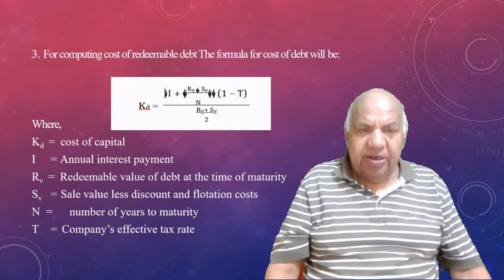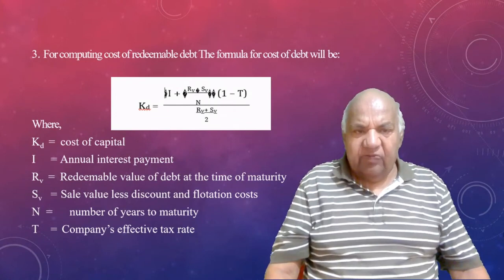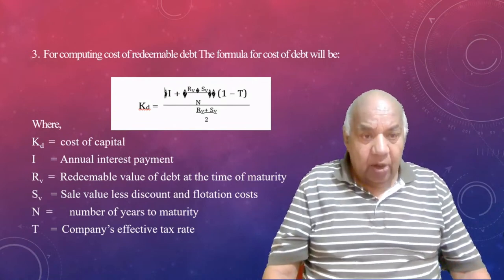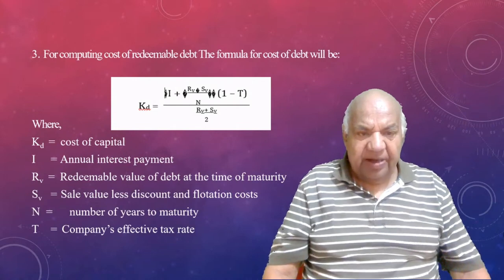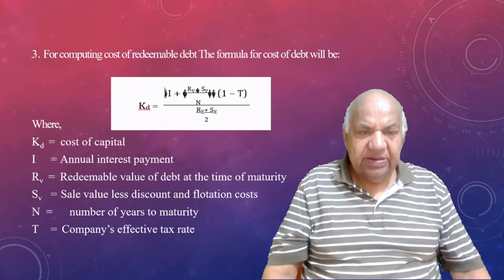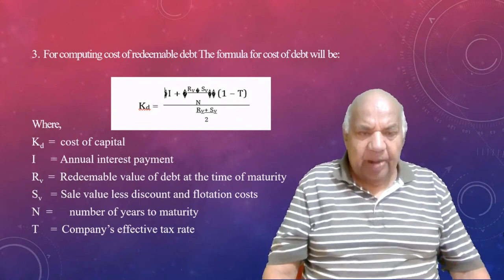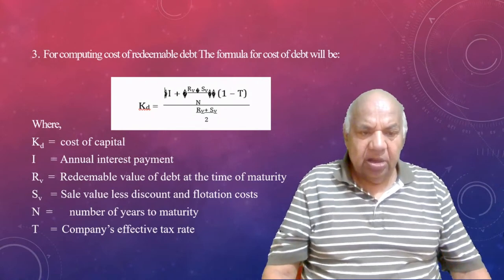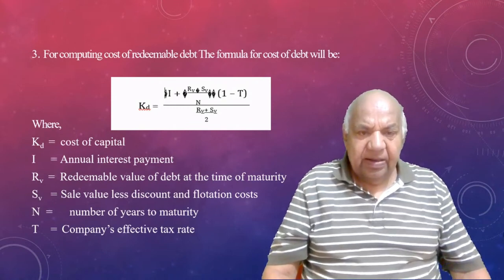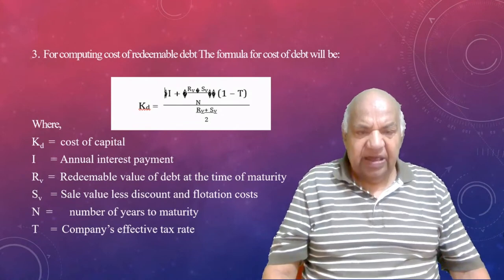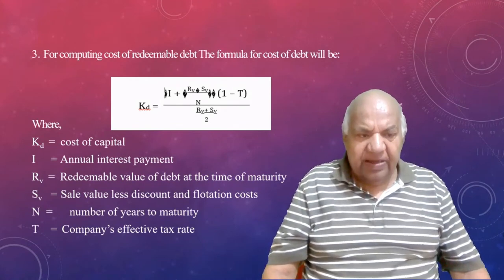For computing the cost of redeemable debt, the formula for cost of debt, that is KD, will be equal to I, the annual interest payment, plus RV, the redeemable value of debt at the time of maturity, minus SV, the sales value less discount and flotation cost, divided by N, the number of years to maturity, and multiplied by 1 minus T. T is the company's effective tax rate, and the whole is divided by (RV plus SV) divided by 2.